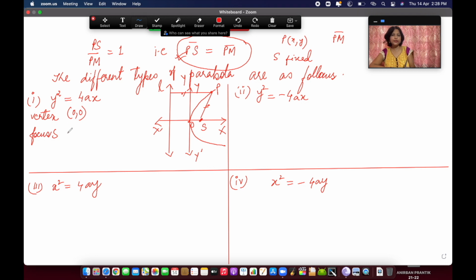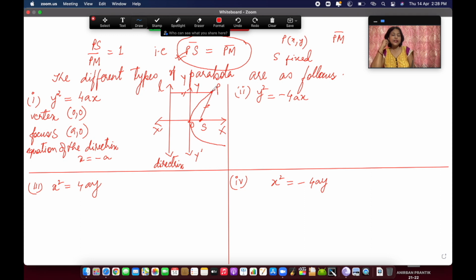So coordinates of the focus S is (a, 0), and the fixed straight line is known as the directrix. So equation of the directrix is x equals minus a. Now why x equals minus a? Please try to understand.